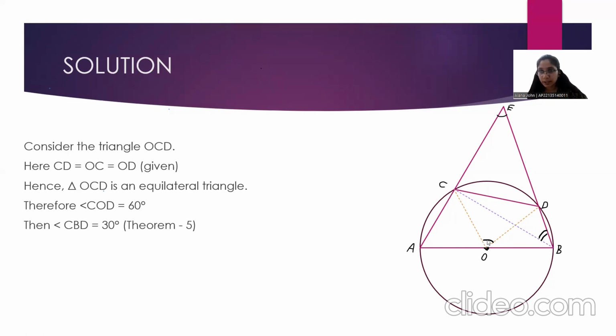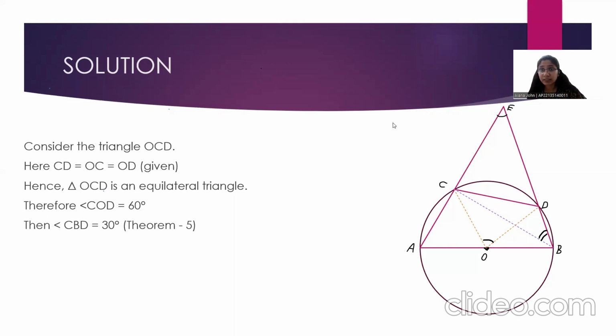Thus, we obtain this angle and also this angle. Now, consider angle ACB. What is this angle? This is the angle subtended by the chord AB at a point on the circle, and this chord AB is nothing but the diameter. The diameter of a circle subtends an angle of 90 degrees at any point on the circle.